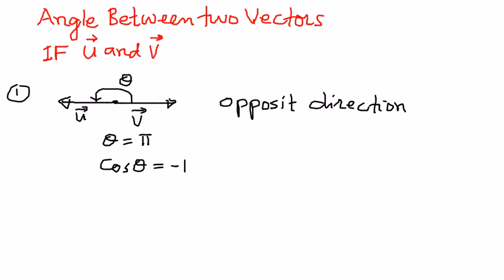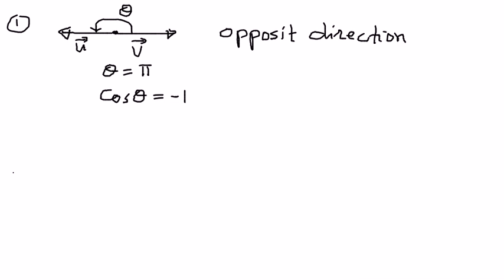Okay, that is one. Then the second one is, let us say we have two vectors. One vector from the starting point is going up like that. We'll call that vector u.